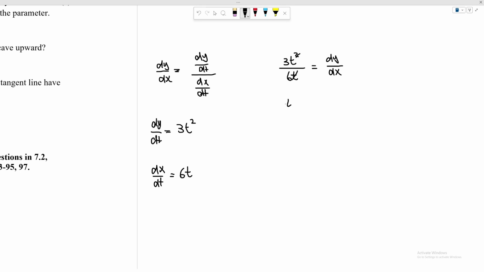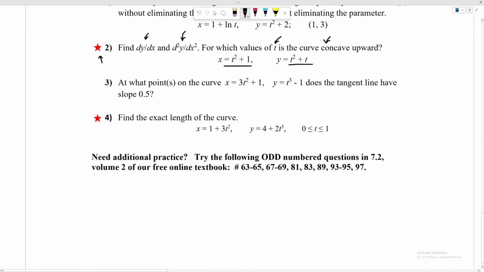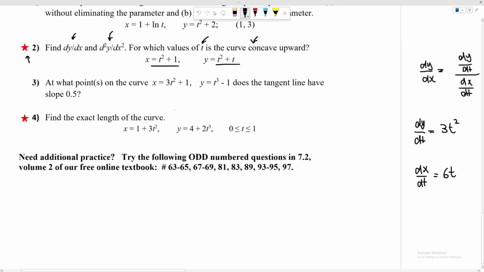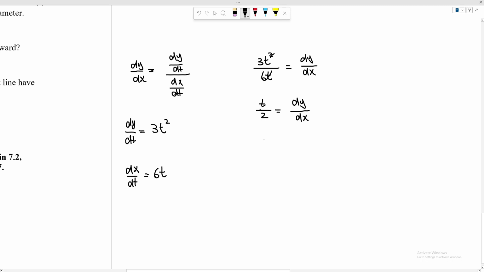So now what we get is t over 2 equals my dy over dx. Now they're asking, at what points on the curve does the tangent line have a slope of 0.5? So if we do t over 2 equals 0.5, that will give us the answer, right? So t equals 0.5 times 2.